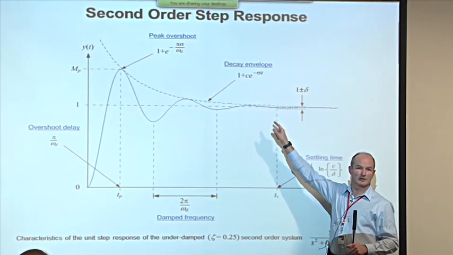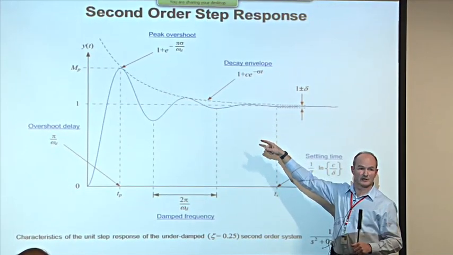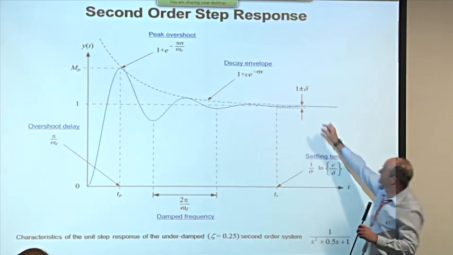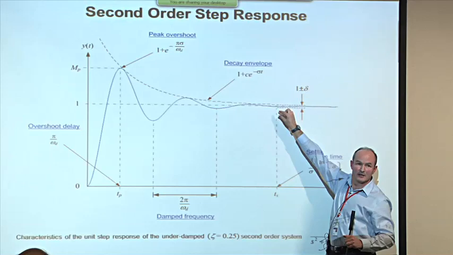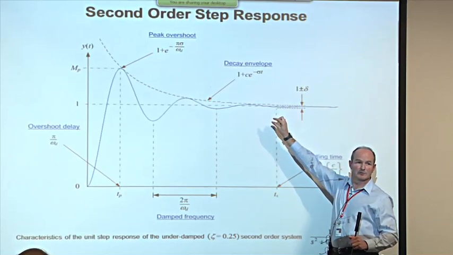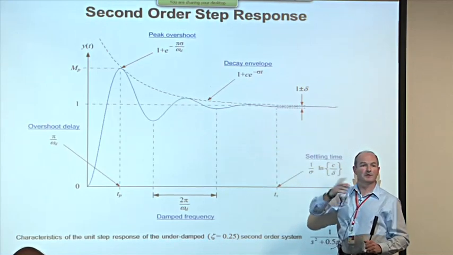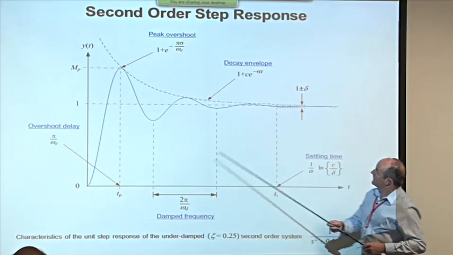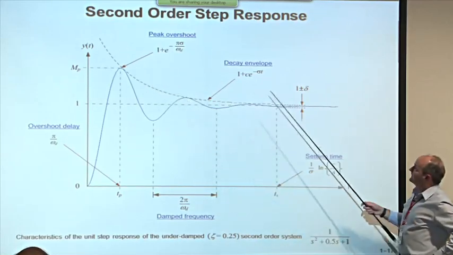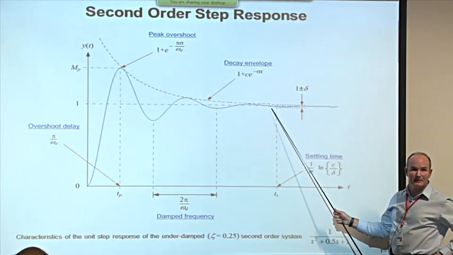Now, obviously, in a transient response which has oscillation like this, the time response is going to go whizzing through that several times before it settles permanently within there. The last time at which that happens is very difficult to compute analytically in terms of parameters. So what we do is we take the settling time as the time it takes the exponential decay envelope to intersect with the error band.